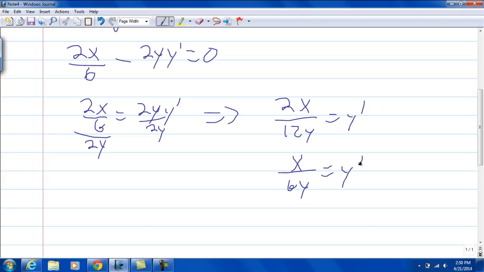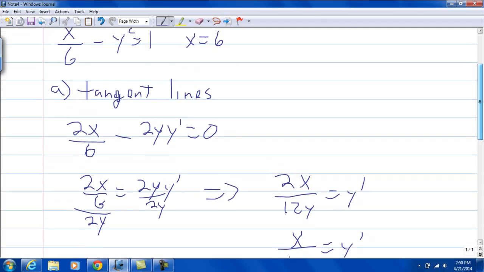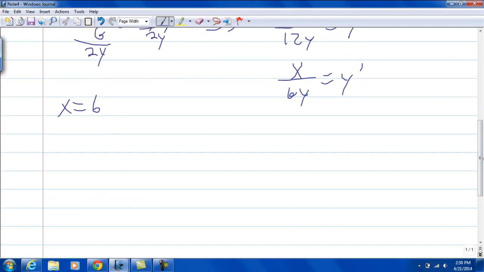Now, going back to what we originally had, given that x is 6, we want the corresponding y value. We had x squared over 6 minus y squared equals 1. Putting 6 in for x, 6 squared over 6 minus y squared equals 1.